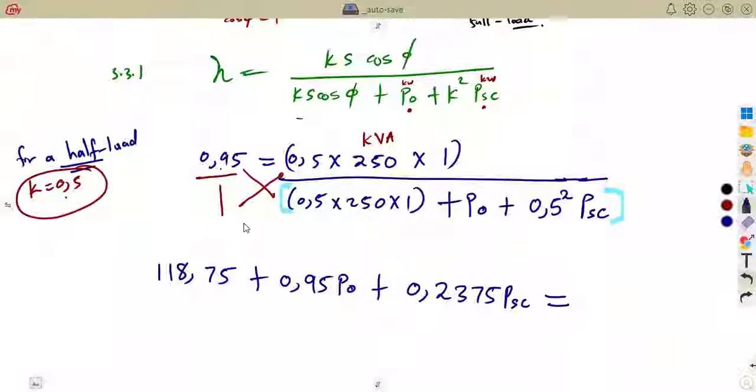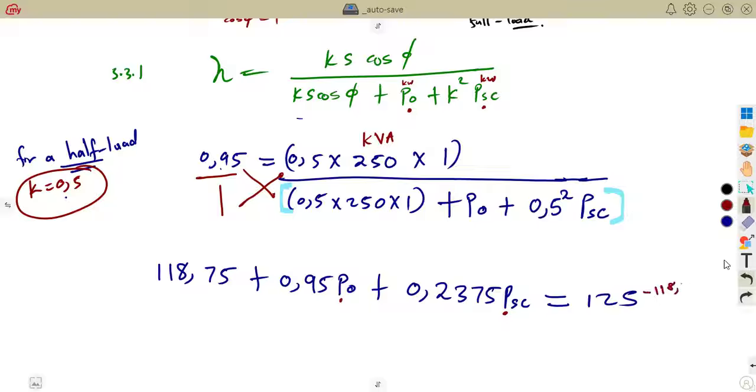So this is equal to, you cross multiply 1 times across the equal sign there. We are going to multiply everything. It was going to give us 125. So as you can see, these are unknown values, P open and P short circuit. So you can transpose this to the other side, subtract it. It was a positive, so it's going to be a negative here.